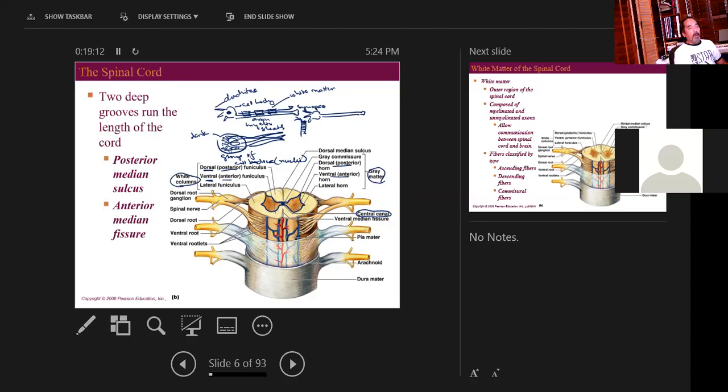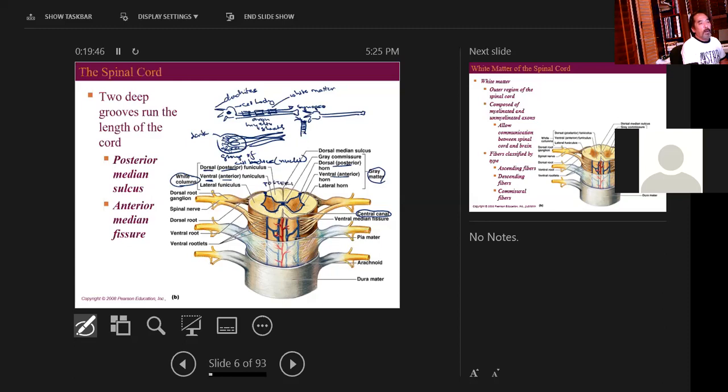The landmark you're going to use is the part of the gray matter that has this pointed structure touching the edge of the spinal cord. The other side is flat and round, and doesn't touch the edge. Here it's sharp and touches the end of the spinal cord. That's the landmark. When you see that, anything here is going to be posterior.